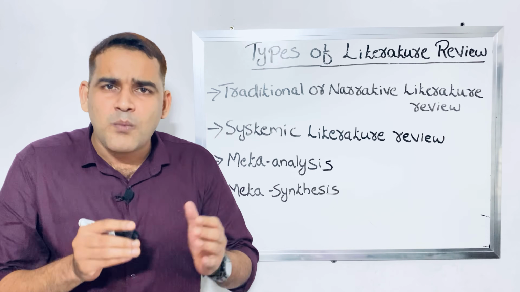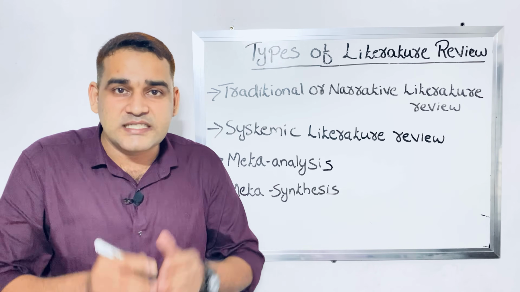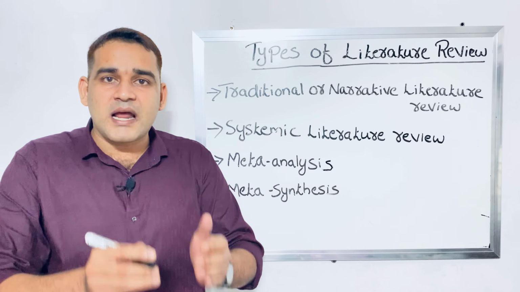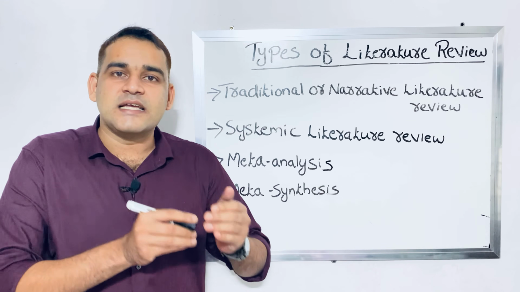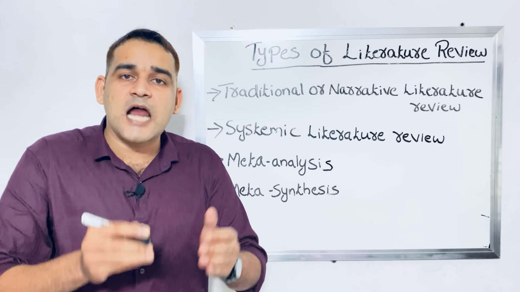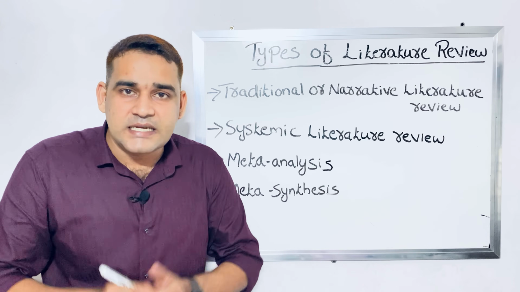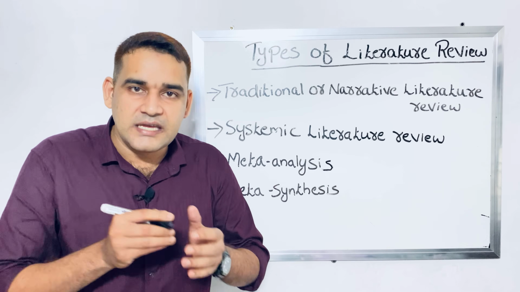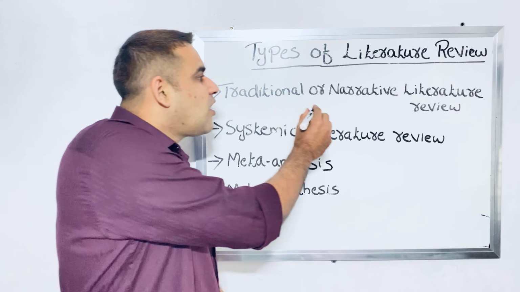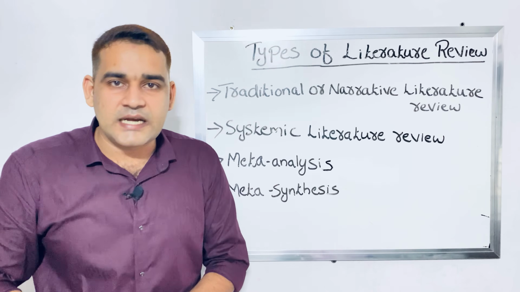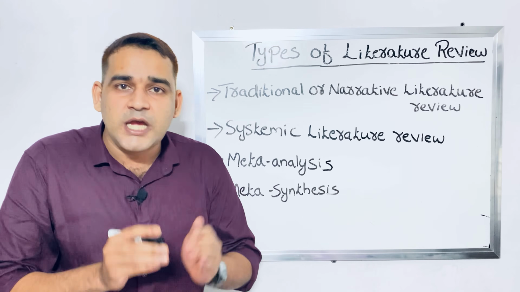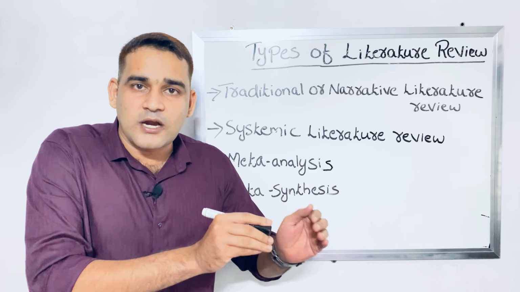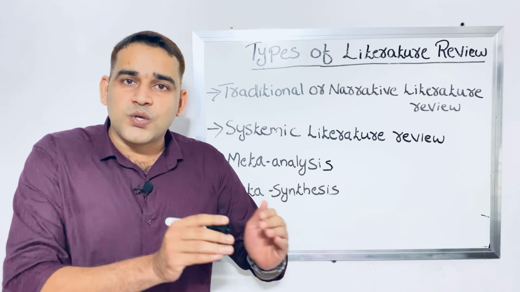So the main aim of the traditional or narrative literature review is to collect a large volume of literature. So much literature we have to collect, then summarize it and synthesize it, that means integrating or combining it. In traditional or narrative literature review, it provides an overview of the research findings related to your topic.